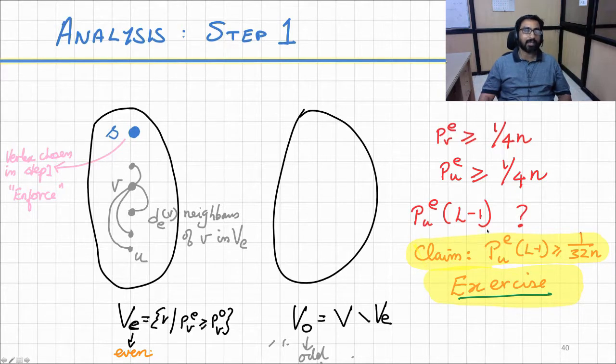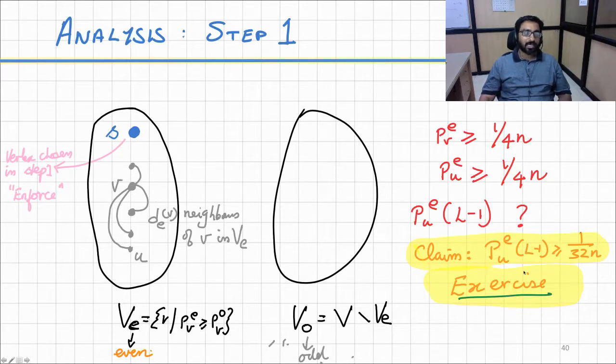So here we're adding a little parameter to this probability. Here we're specifying that the number of random walk steps should be L-1. And we want to understand this probability. Our claim is that this probability is not too small. It's at least 1 over 32n.